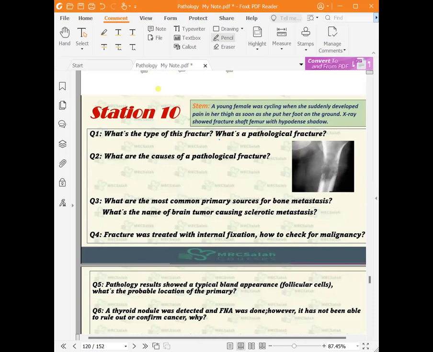It is fracture of the bone that occurs without adequate trauma and is caused by some pre-existing pathological bone lesion. Yeah, exactly.